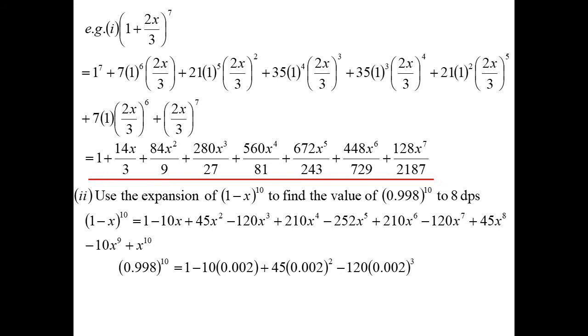Then you multiply by 0 and you get 0. And so every term after that, to 8 decimal places, would be 0. So I really only need these ones here. We can get that that is 0.9801794.